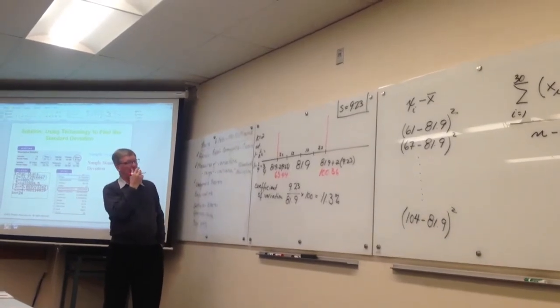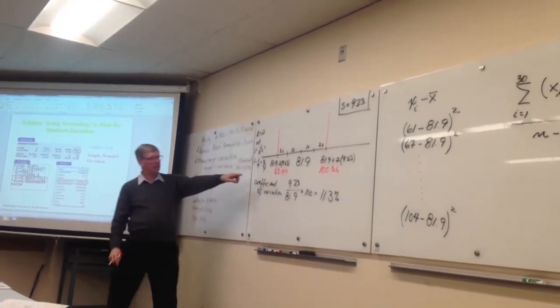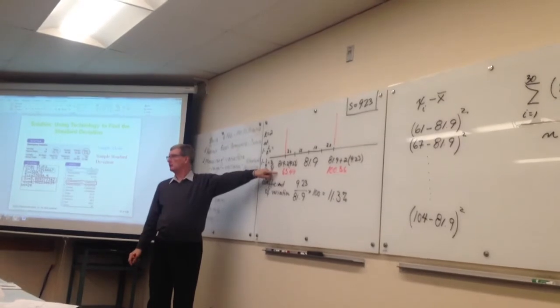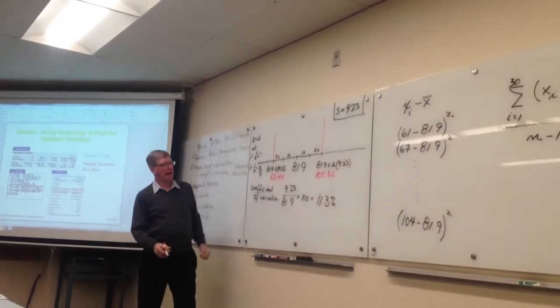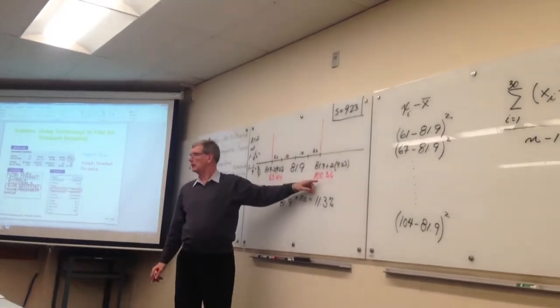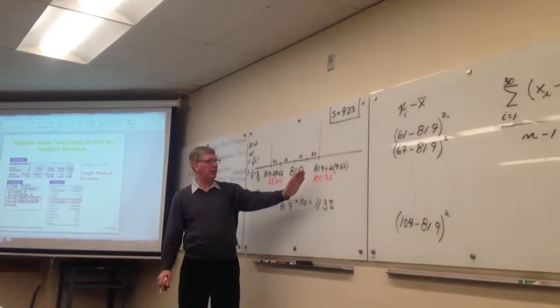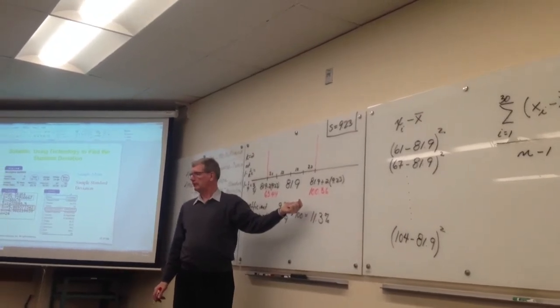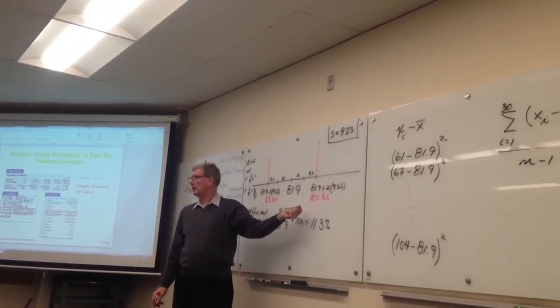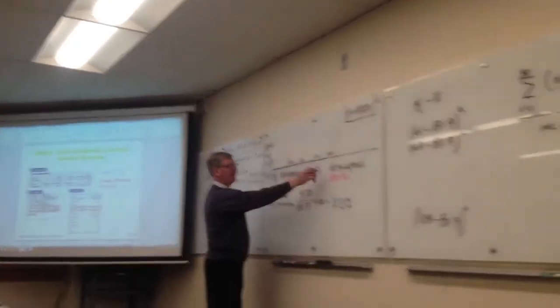Now, I know the lowest number we have is 61, right? So 61's not in that range, so that doesn't fit. And the highest is 104, isn't it? What's the next number below 104? What is it? 98. So 98 fits in here though, right?